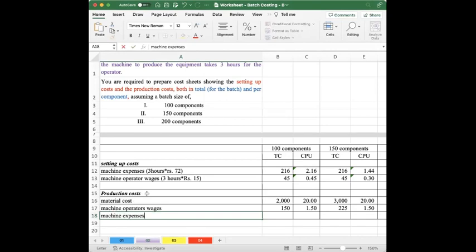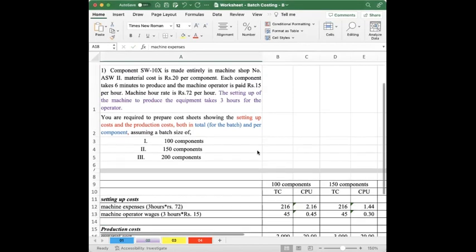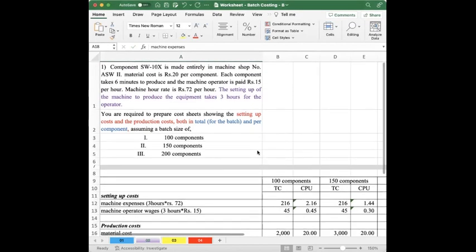Machine expenses. Now, what do they say for machine expenses? Let's go back to our question.